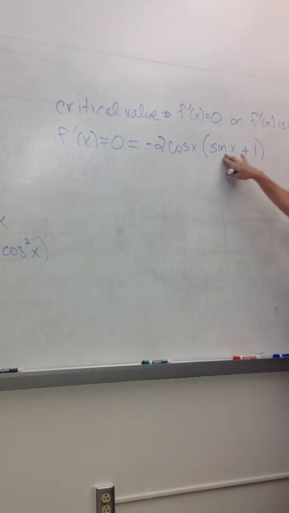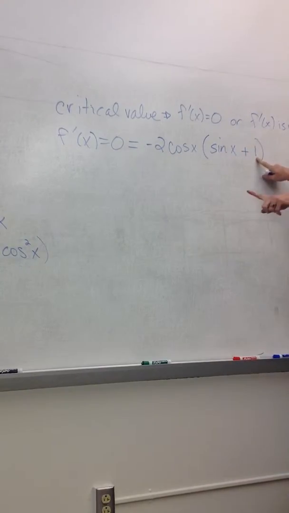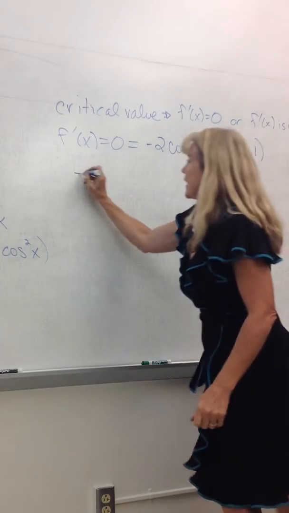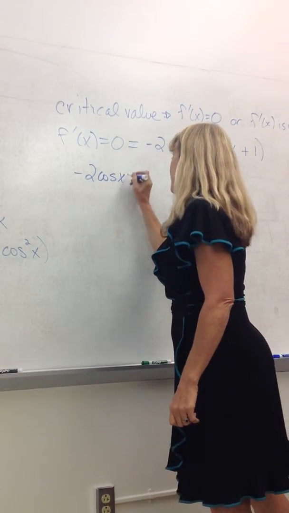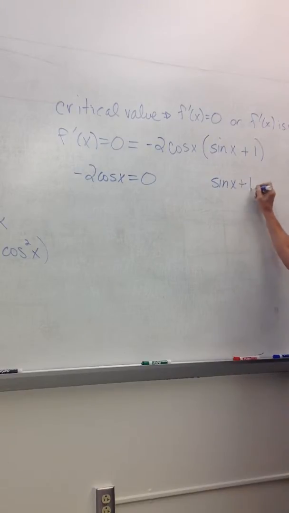This times that gives me my first term. This times 1 gives me my second term there. So then -2 times cosine of x might be 0, or sine of x plus 1 might be 0.